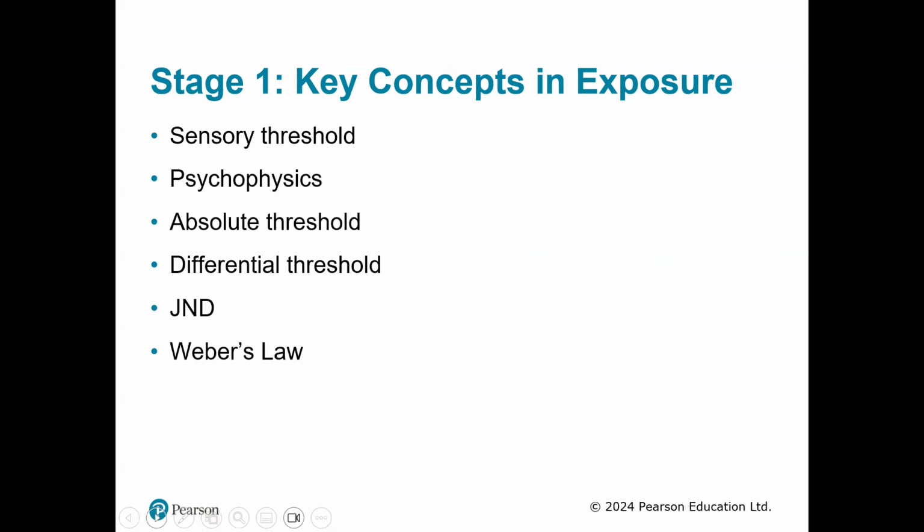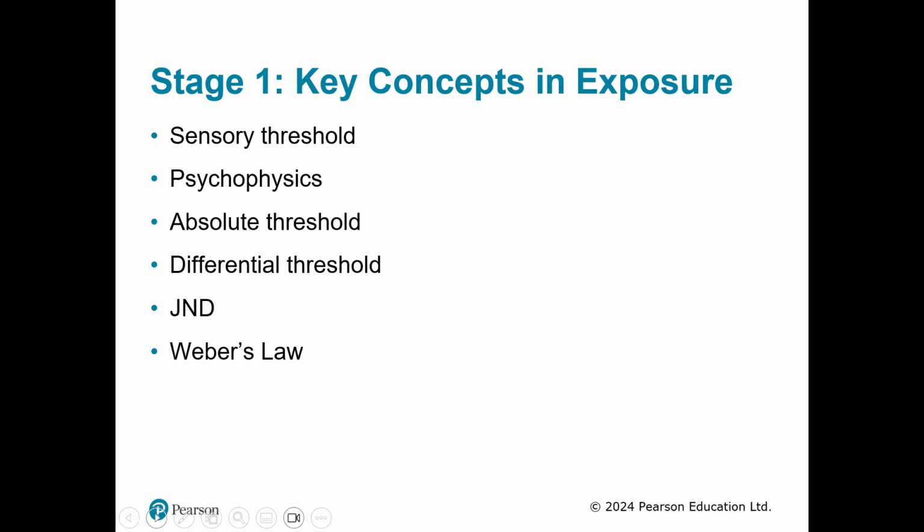Exposure occurs when a stimulus comes within the range of someone's sensory receptors. Sensory threshold is the point at which it is strong enough to make a conscious impact on their awareness. The science of psychophysics focuses on how people integrate the physical environment into their personal and subjective worlds.